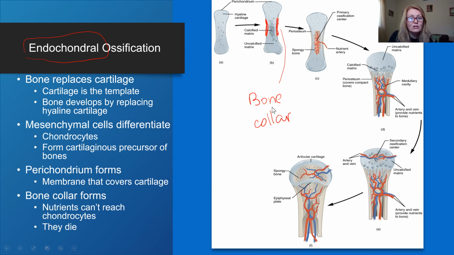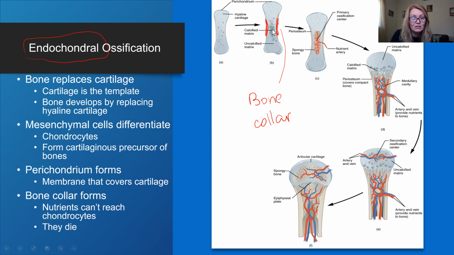Now, when this collar is formed, cartilage cannot receive nutrients and oxygen by diffusion anymore, because bone is mineralized and calcified. So it's a strong structure, and we cannot diffuse through it. So now this cartilage starts dying off.